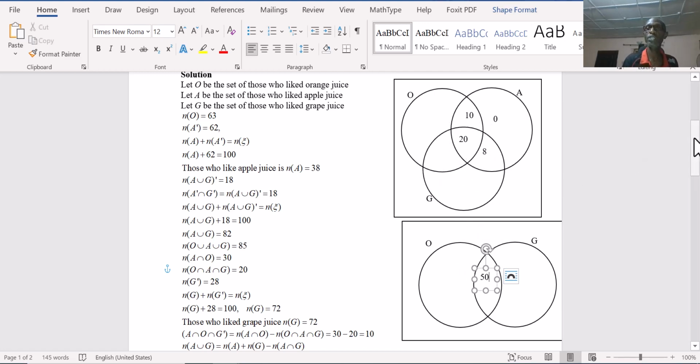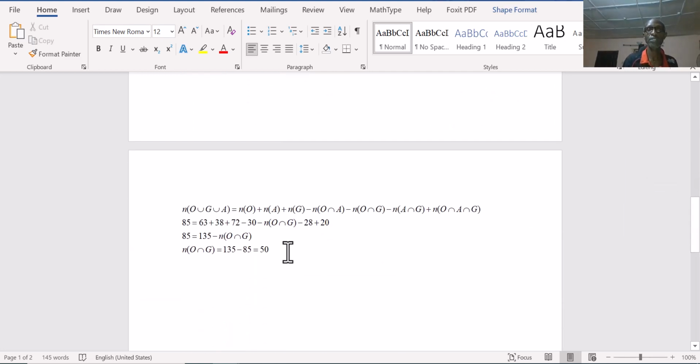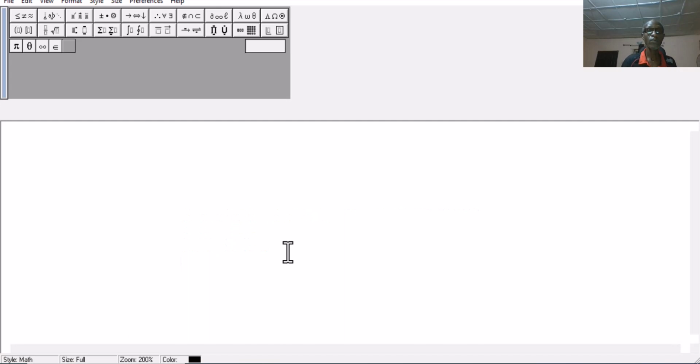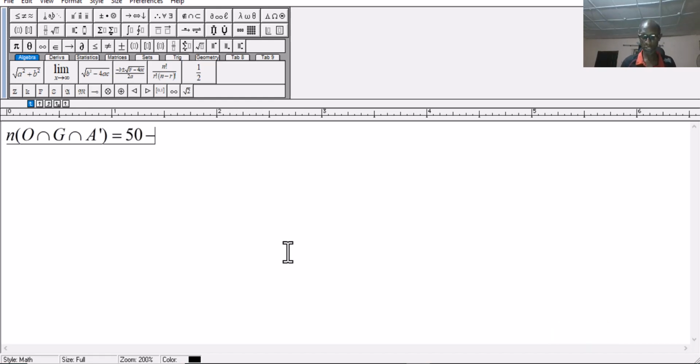So for us to get those who, so we have been able to get that. O intersection G intersection A complement will be equal to 50 minus 20, which is equal to 30.